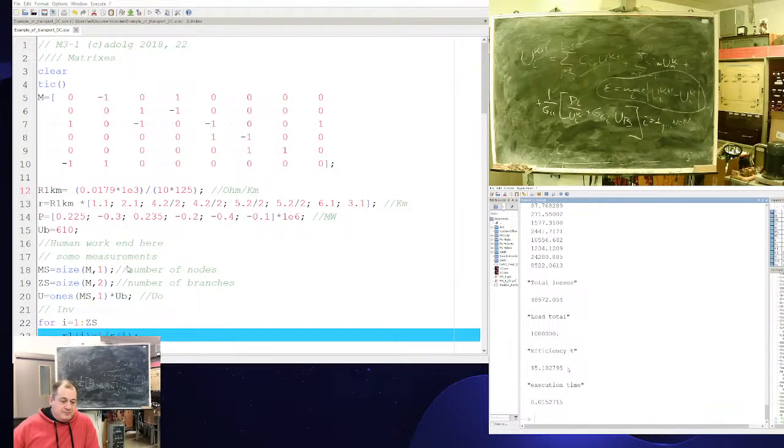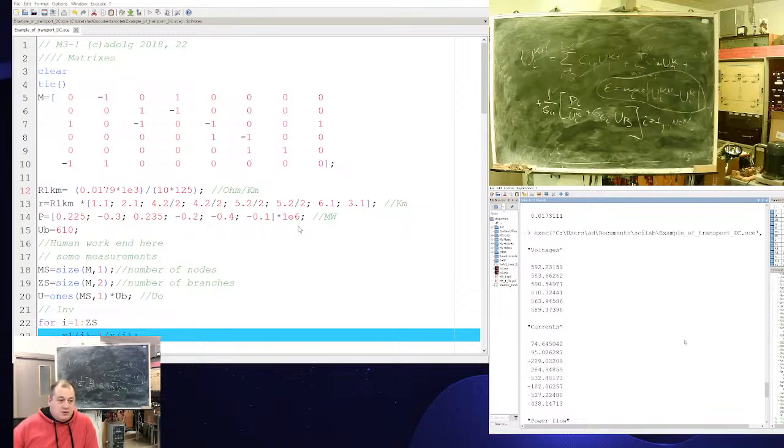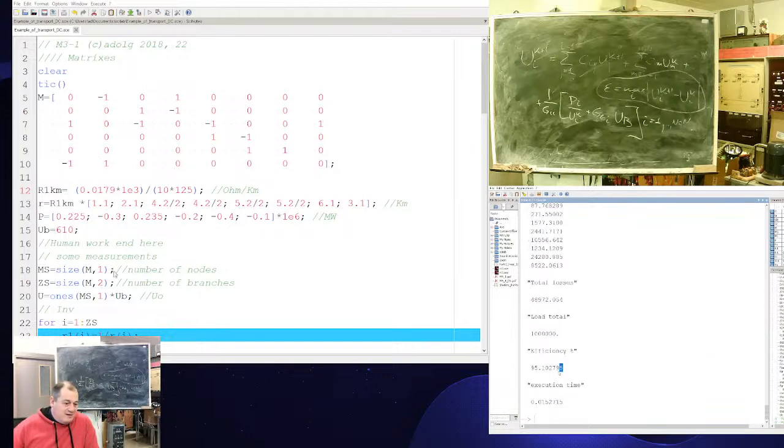95. Yeah, I'll get my bonus. Voltages are quite normal, maybe could be better, but I'm above the cutoff line. It's all a process of optimization.